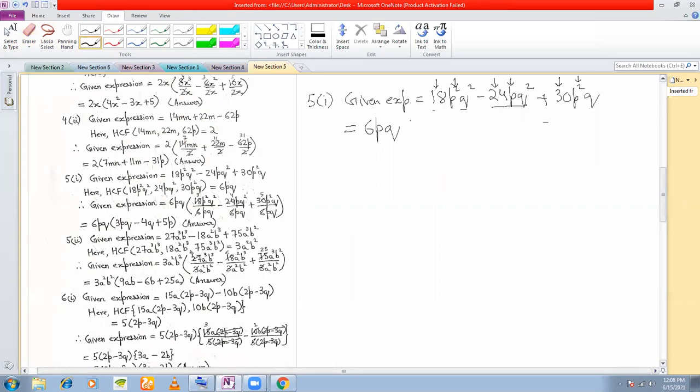See, from 18, if I am taking out 6, I need to divide 18 by 6 to get 3, right? Now p square, I'm dividing p square by p. What is left? Only p. Next, q square, I'm dividing by q. Now what is left? Only q. So that's what we have done directly.